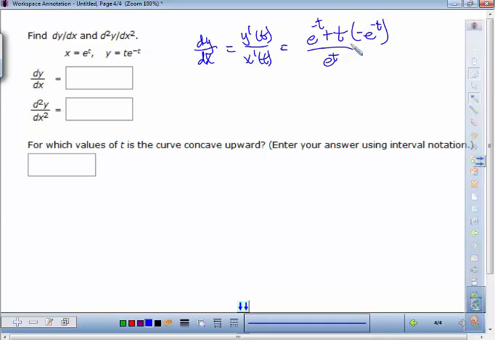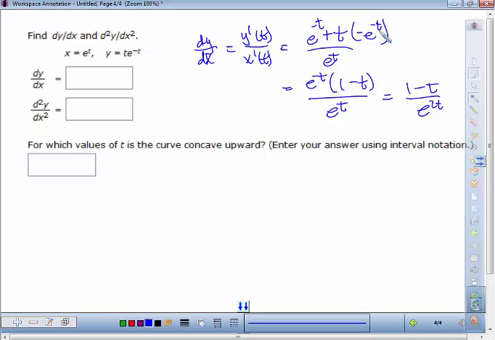So let's do that. It looks like I can factor out an e to the negative t up on top, and then I have a 1 minus t up in the numerator. And then I have an e to the t in the bottom. Now, if you know your positive and negative exponents, I can bring this e to the t down, and then this will become e to the 2t in the denominator. So I have 1 minus t over e to the 2t, which is going to be a little bit easier to take the derivative of in our next step than the original, two-term, one product rule up on top, on top of a big quotient rule.